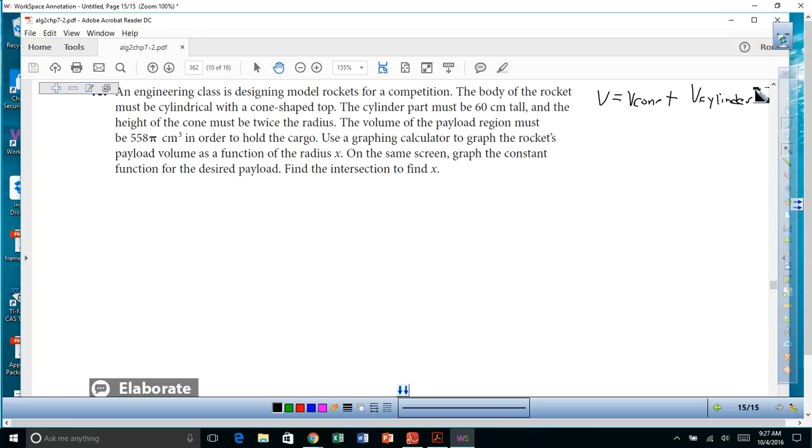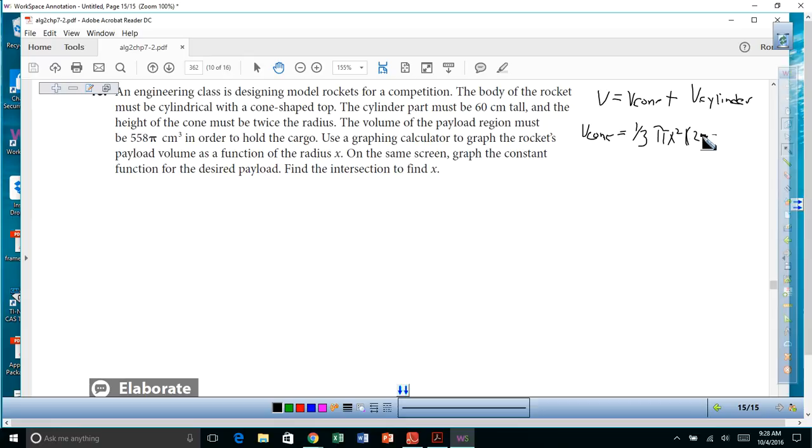So the volume of the cone will be 1/3, because it's a cone, it's going to be 1/3 pi, and it's usually pi r squared, but it'll be pi x squared, and then it's supposed to be 2x, right?